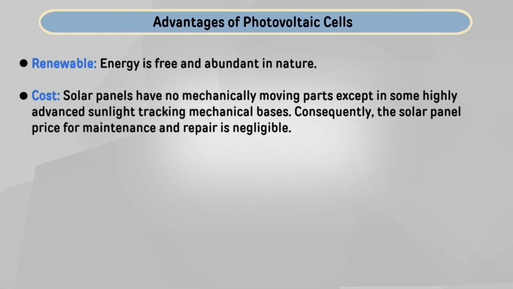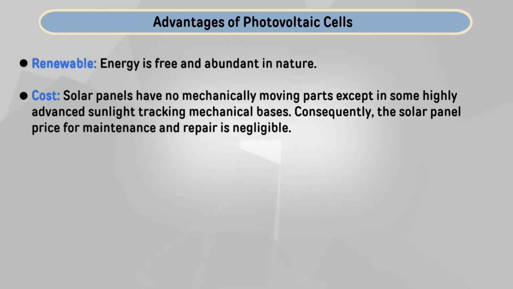Then it is renewable, so the energy is free because it is coming from sunlight, and it is abundant in nature. The cost is also good because solar panels have no mechanically moving parts, except some highly advanced sunlight tracking mechanisms.